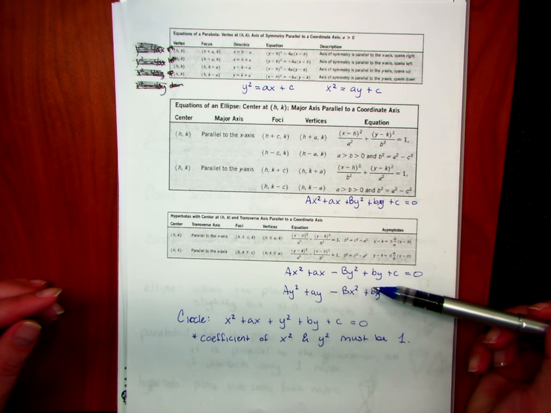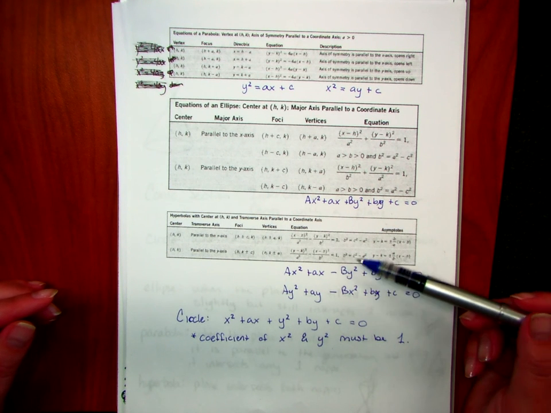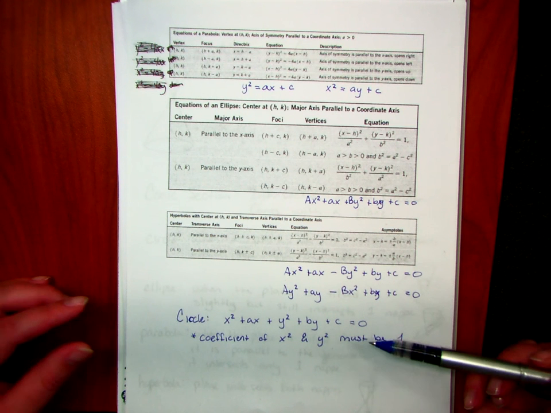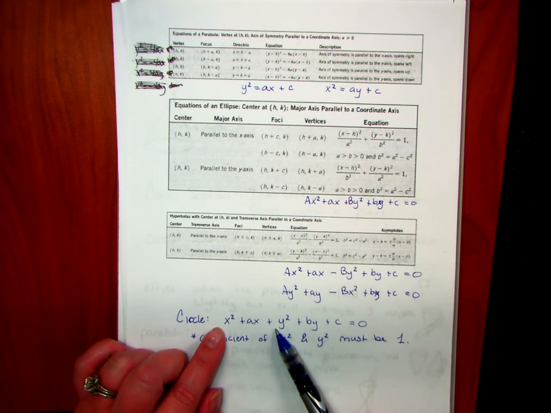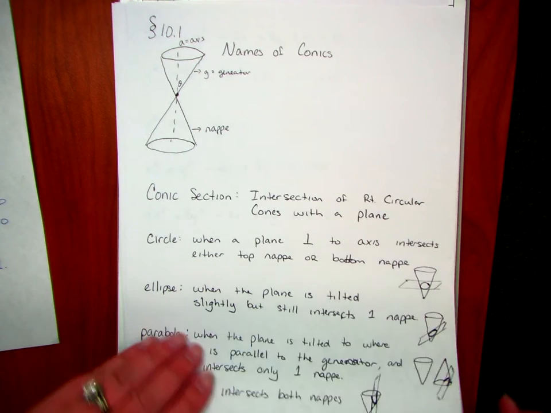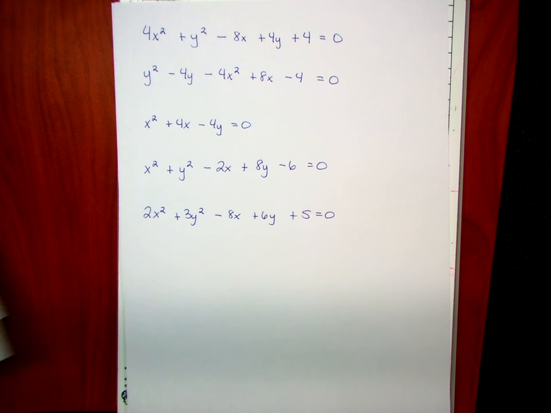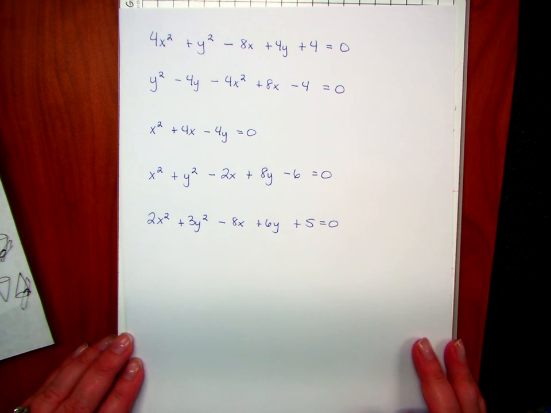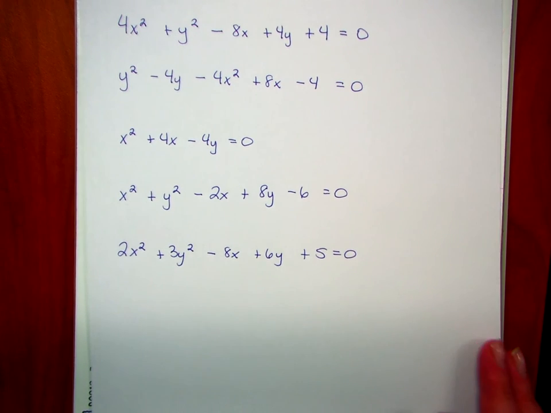If you have both x squared and y squared terms, but one of them is negative, you have a hyperbola. And if you have an x squared and a y squared term, but neither has a coefficient, meaning they're 1, then we have a circle. Right? So I have these equations here that I would like to go over with you and just identify what type of conic section they are.